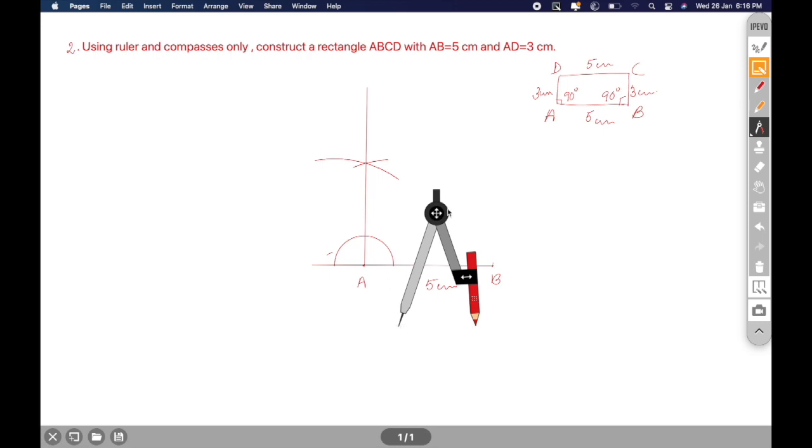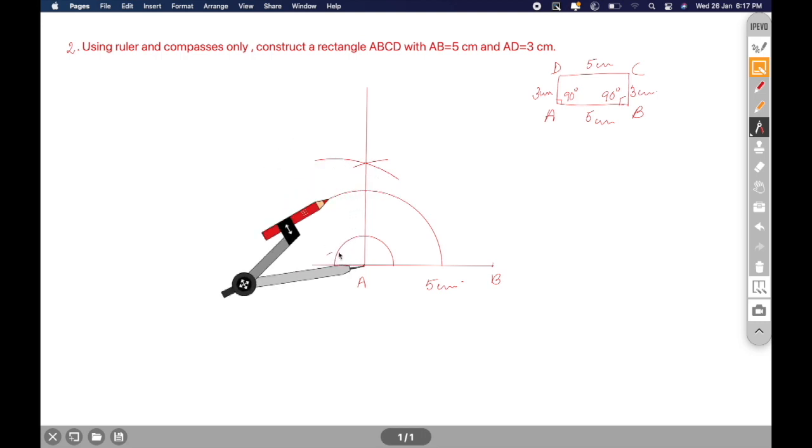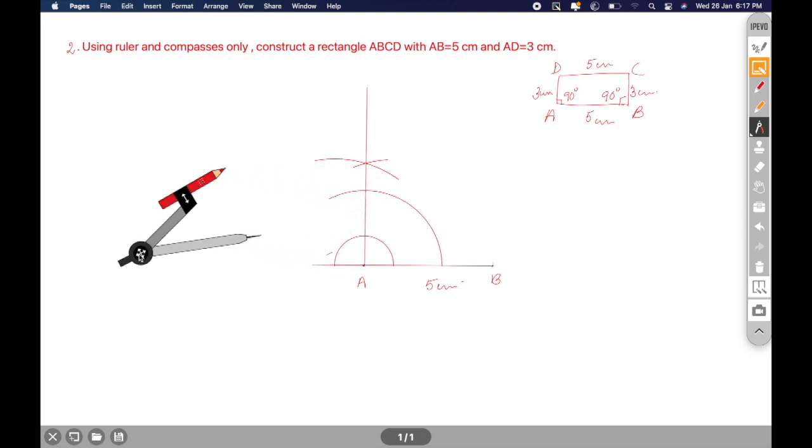So taking 3 centimeter as the radius and A as center, we have to draw an arc to cut one arm of the 90-degree angle, and we have the vertex D here, and this is 90 degree.